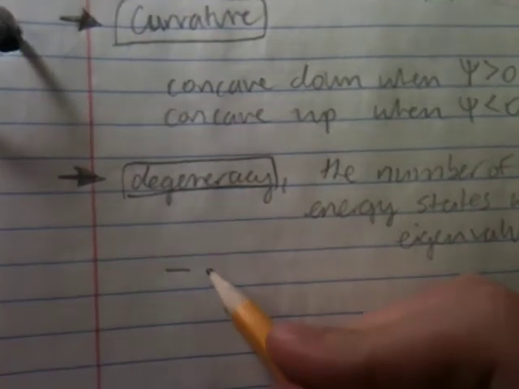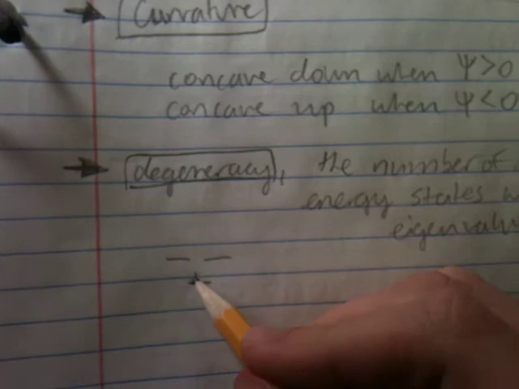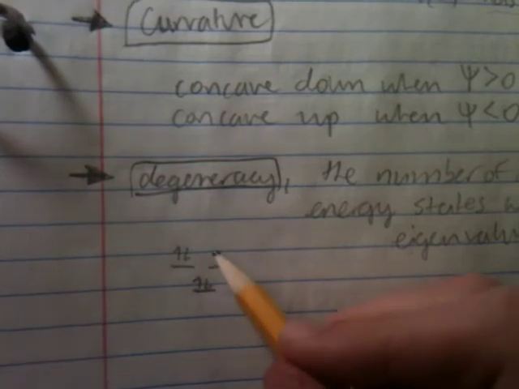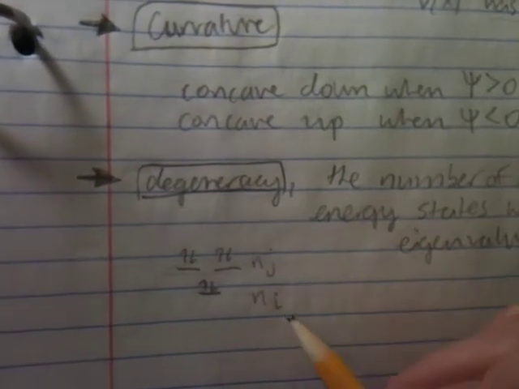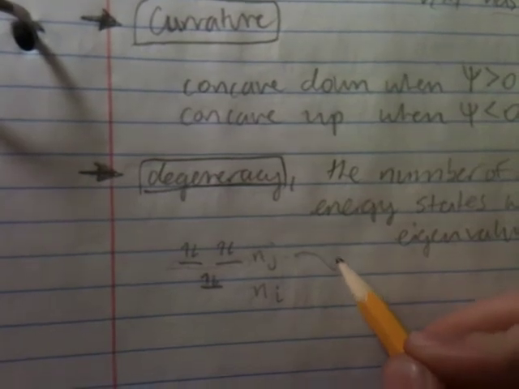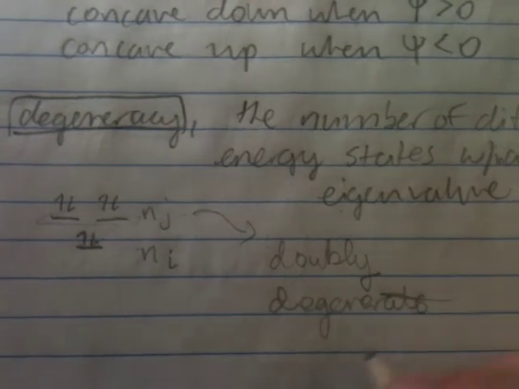So trying to connect this to other chapters, if you have electrons in this orbital and electrons here, this energy state, so this is some energy state I, energy state J, this energy state would be doubly degenerate, right?